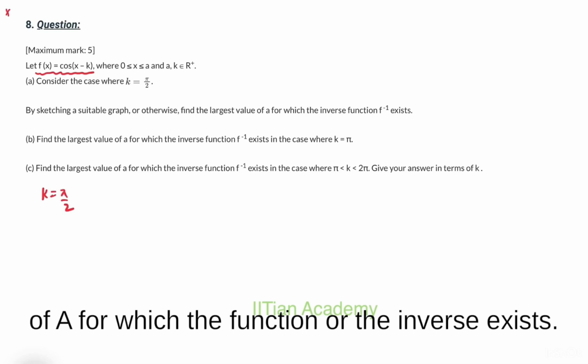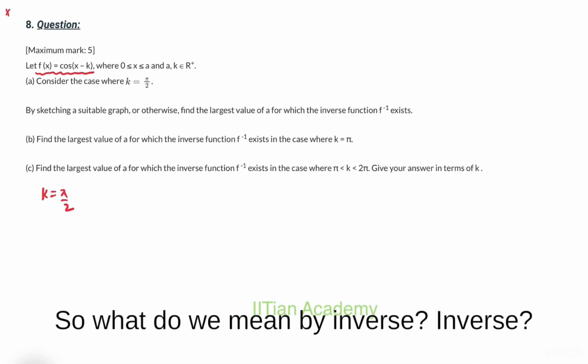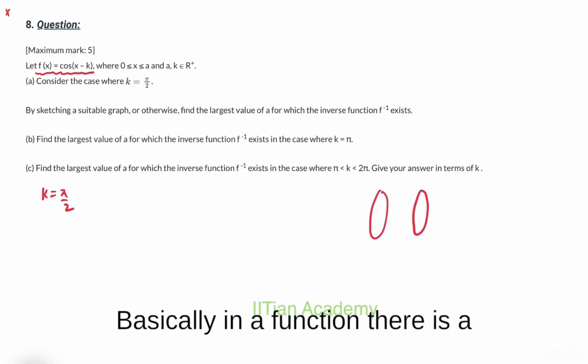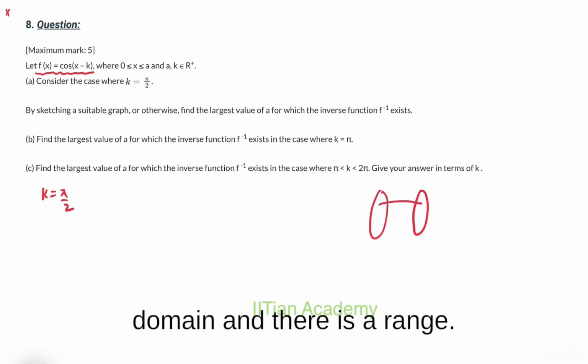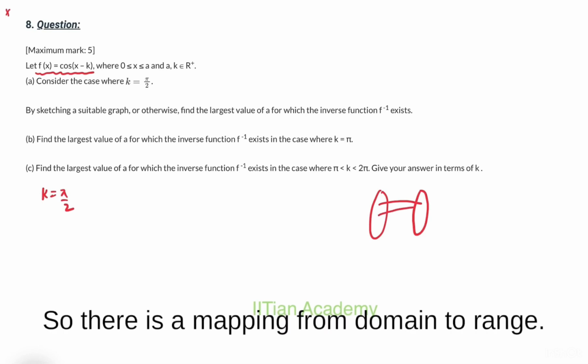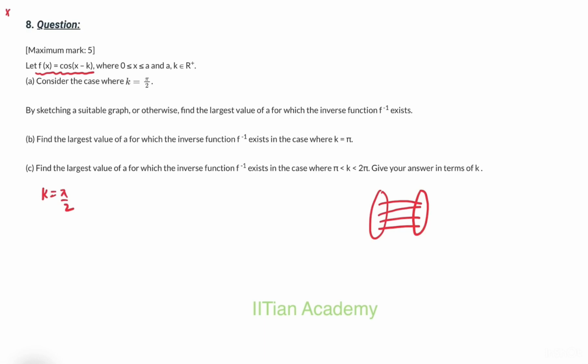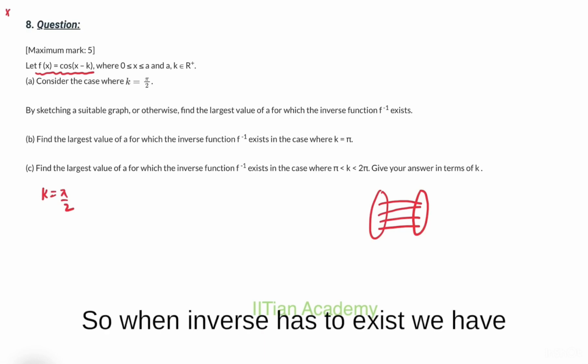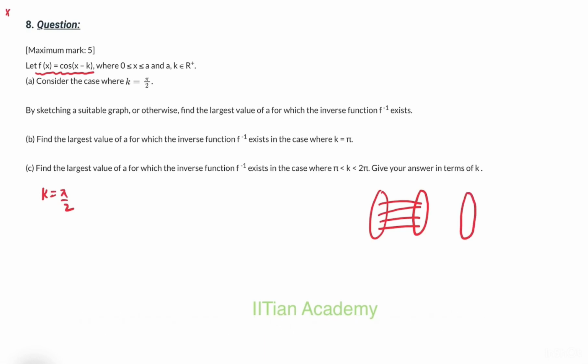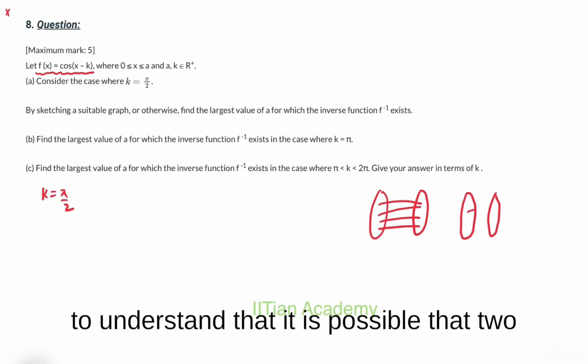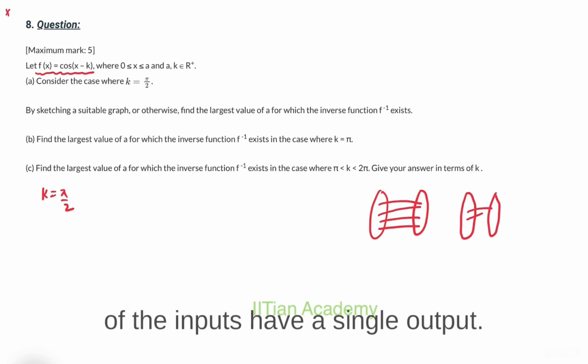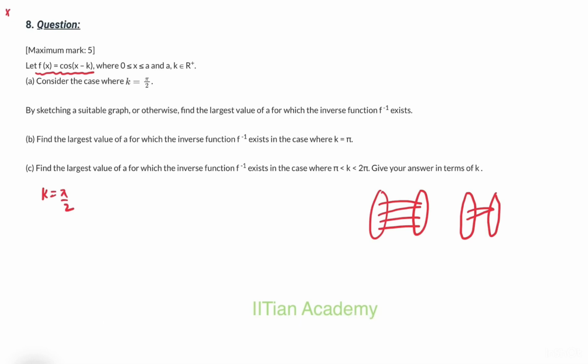or the inverse exists. So what do we mean by inverse? Basically, in a function there is a domain and there is a range, so there is a mapping from domain to range. When an inverse has to exist, it is possible that two of the inputs have a single output.